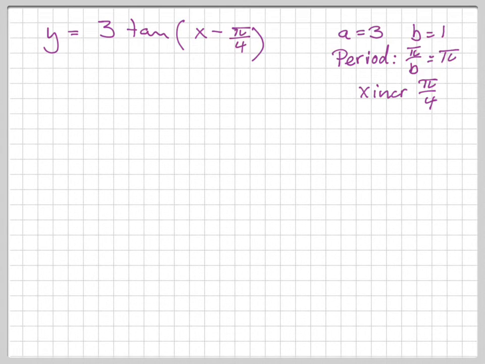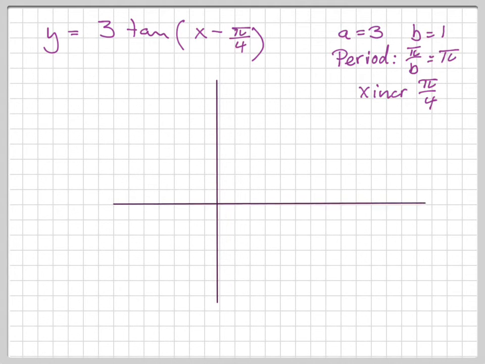What else? We have a left asymptote. We have some phase shifting going on here, and the easiest way to find the left asymptote is to set x minus pi over 4 equal to negative pi over 2, because that is the basic asymptote for the basic tan.